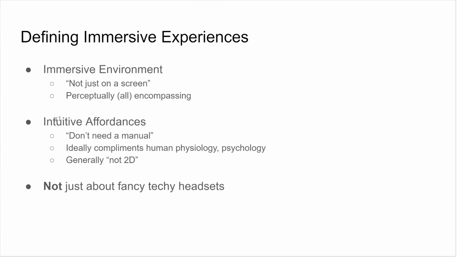And if you look at what you can do, these are the affordances, and they're very natural. One of the affordances is you can talk to staff members and they react like they're real humans, because they really are real humans. So it meets the requirement for intuitive affordance.